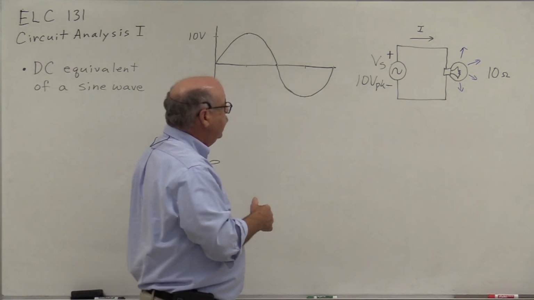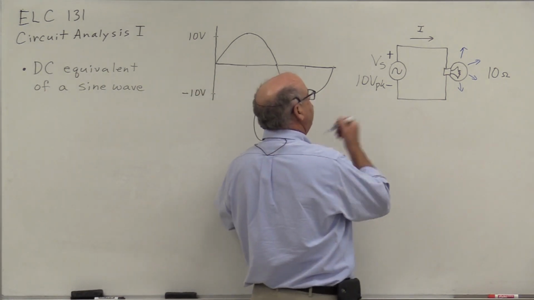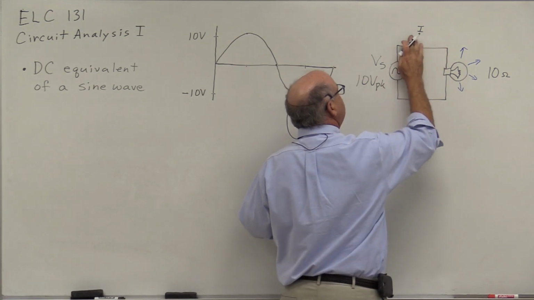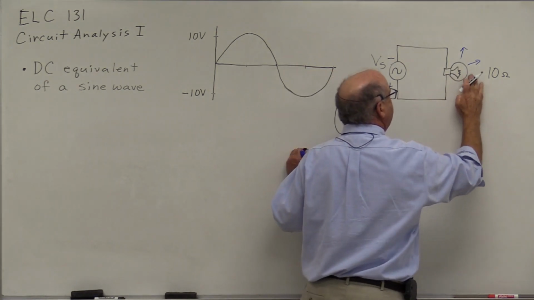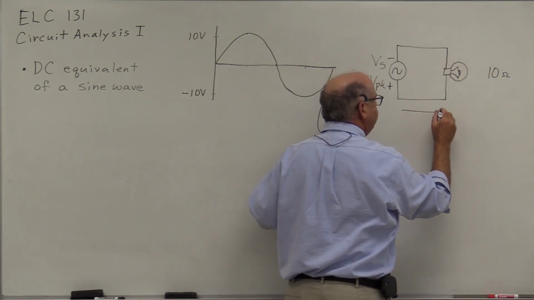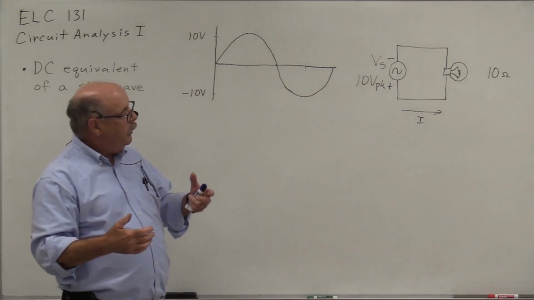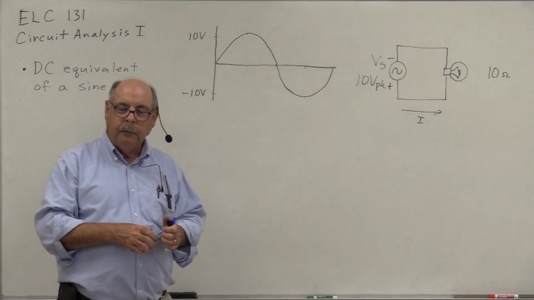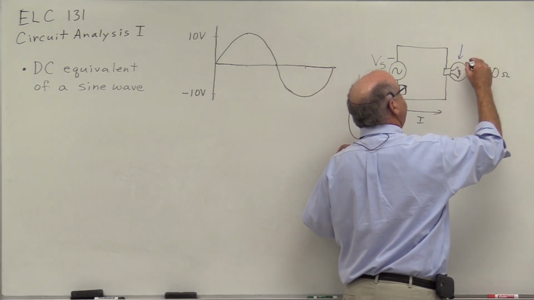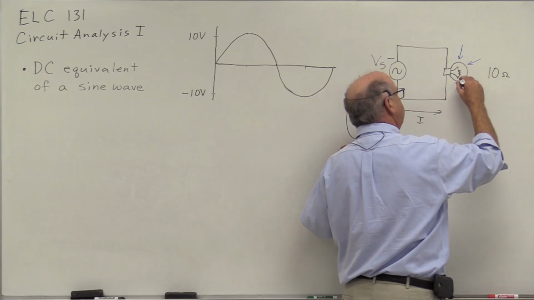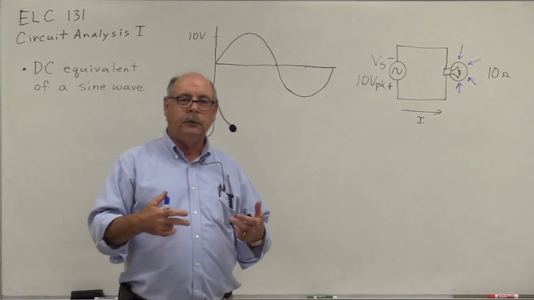Now, during the second half cycle, when the polarity changes to negative to positive, now current's going to flow this way through the lamp. And since current's flowing the opposite direction, the filament will actually suck light out of space back into the filament because, of course, current's going the opposite direction.